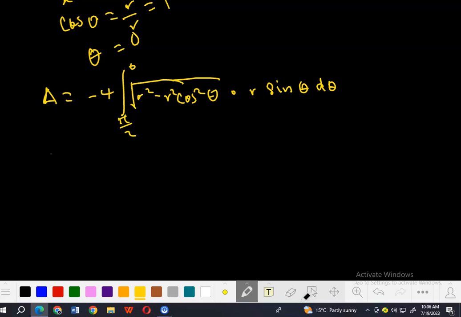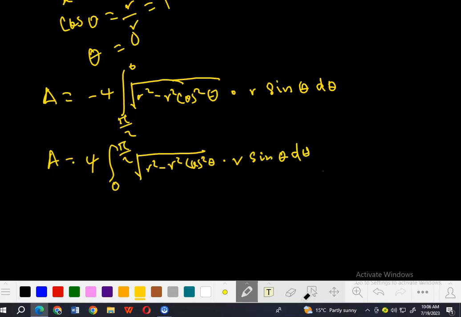So the area is equal to, now it's going to be positive 4 times the integral, now this one becomes 0 and this one becomes pi over 2, of the square root of r squared minus r squared cos squared theta multiplied by r sine theta d theta. Have you written that?